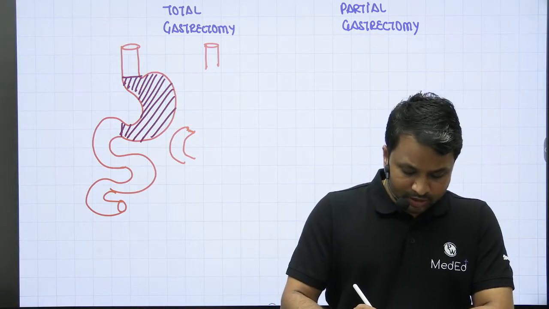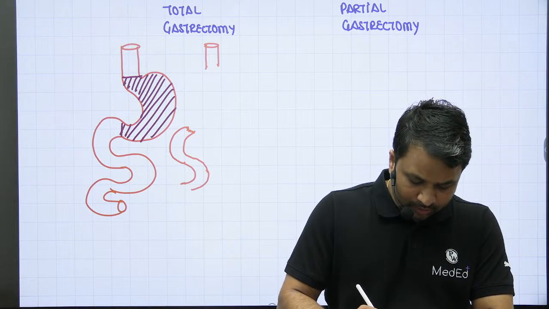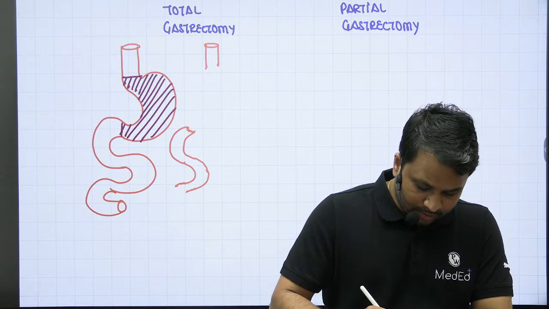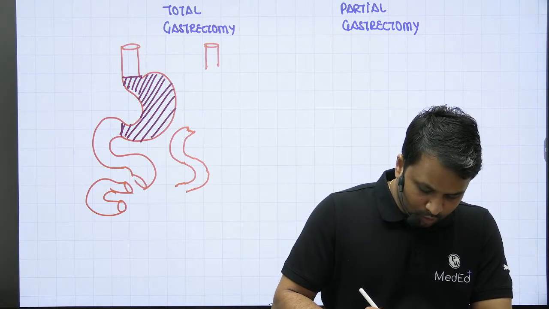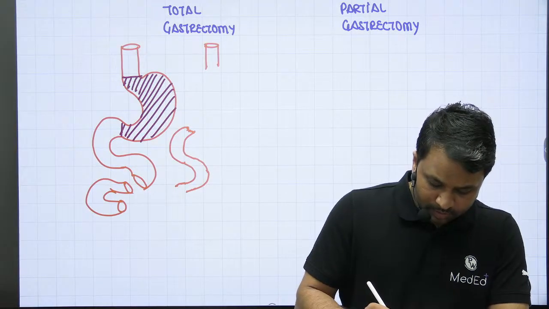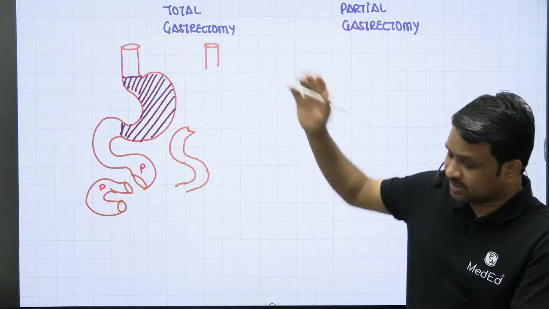Now once the duodenal stump is closed, I will isolate the jejunum. That means I'll cut the jejunum here. Once I cut the jejunum here, now I have two loops of the jejunum. The one that comes first is what we call the proximal end of the jejunum, and this is the distal end of the jejunum. I will mobilize the distal end of the jejunum.